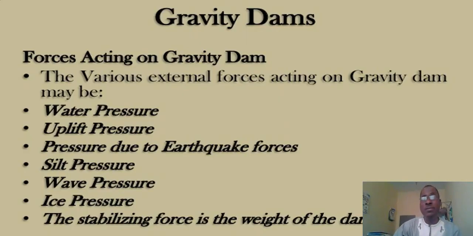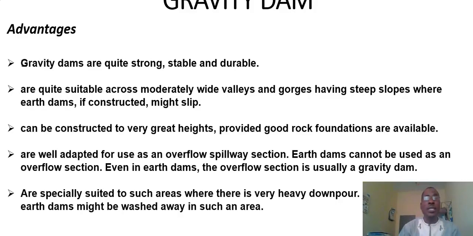The forces acting on gravity dams may be water pressure, uplift pressure, pressure due to earthquake forces, silt pressure, wave pressure, ice pressure, and the weight of the dam itself. Gravity dams have some advantages. They are quite strong, stable, and suitable, can be constructed at very great heights, and are well adapted for use in overflow spillway sections.